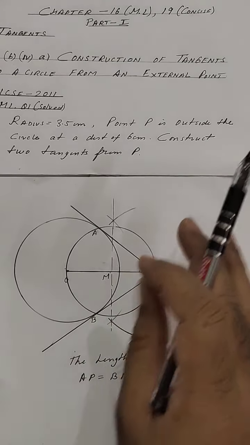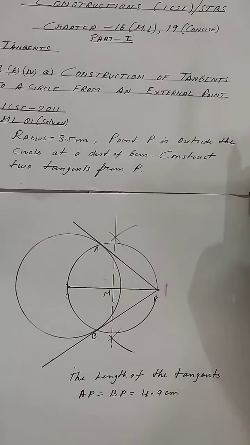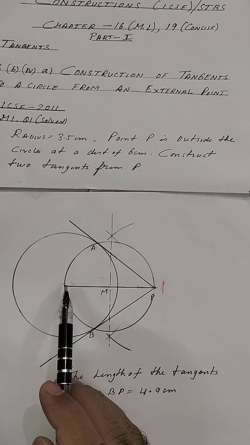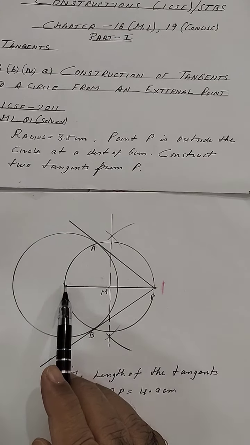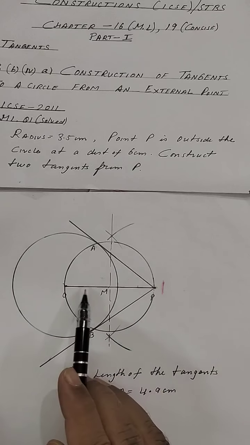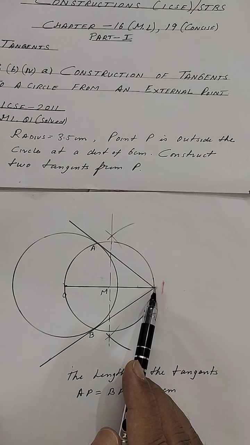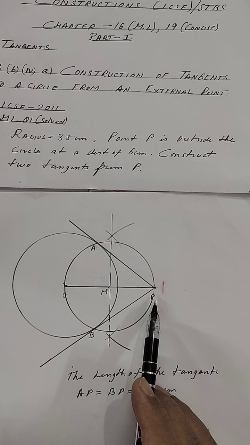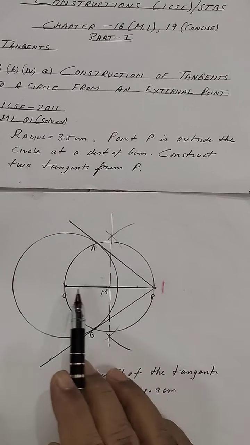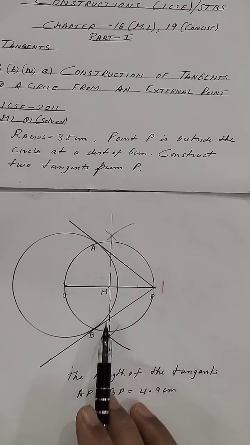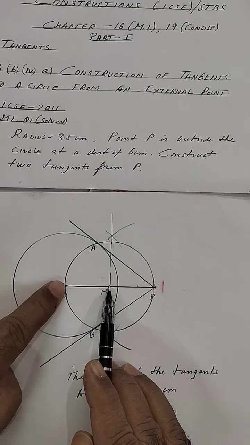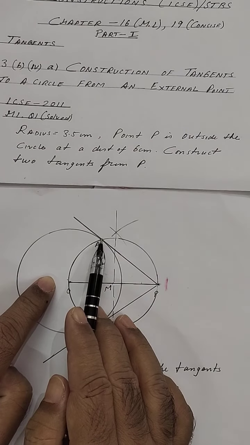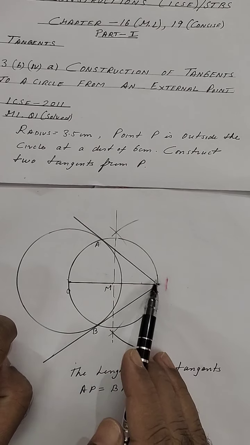First, take a 3.5 radius and draw a circle with center O. From the center, draw a 6 centimeter long line segment, and where it ends we call it P. From P you can take any direction; just for convenience we have taken it here. With OP as the line segment, we draw the perpendicular bisector and get a point M, which is at equal distance. We draw another circle, and where the second circle cuts the first circle we call the points A and B. We join PA and PB.